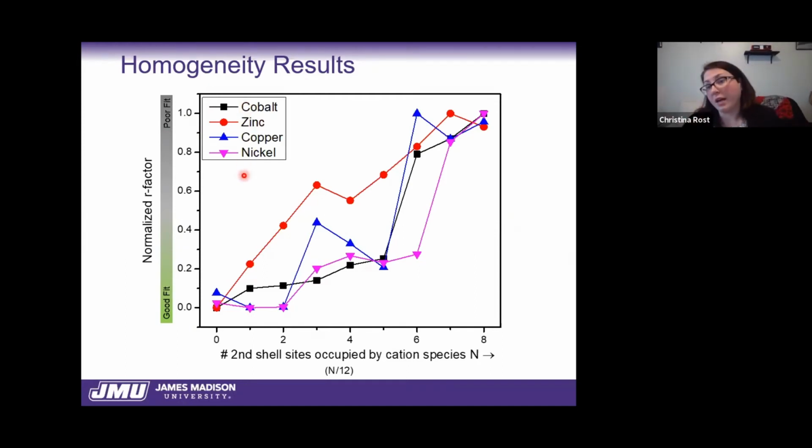Now remember, we did not get to look at magnesium just due to the energy limits of the beamline, but if all 4 of them have the same trend, I would say it's a safe assumption that magnesium does something similar. So we can see as we increase the number of specific cation species in our second coordination shell, the fit systematically gets worse.